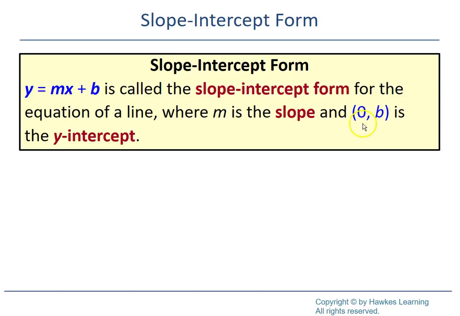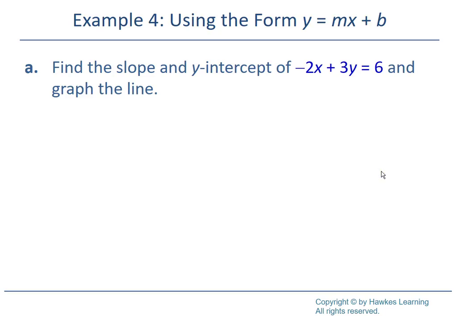And they're showing how to write the formal way of the y-intercept: x is 0, and then whatever the value b is, which is your y value, that is your y-intercept. So find the slope and y-intercept of this equation and then graph the line.